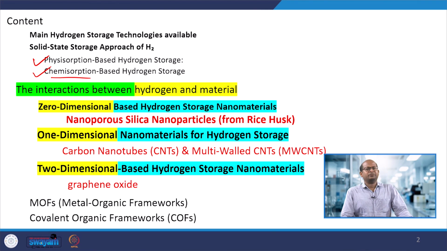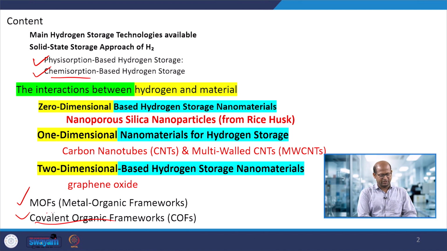For that, different types of materials can be used, considering the dimensions of the materials: 0 dimensional materials, 1 dimensional nanomaterials, 3 dimensional materials or bulk materials. These include MOF or COF type materials, or bulk mesoporous materials.